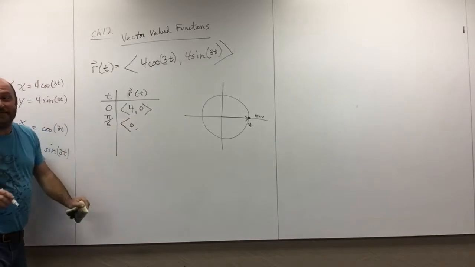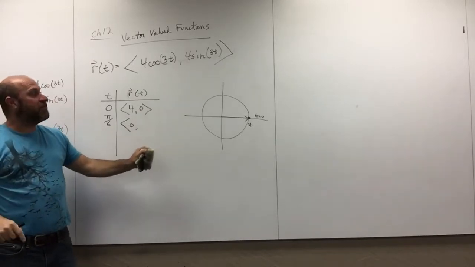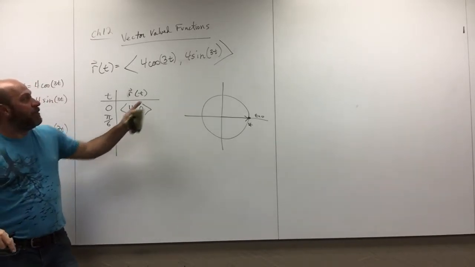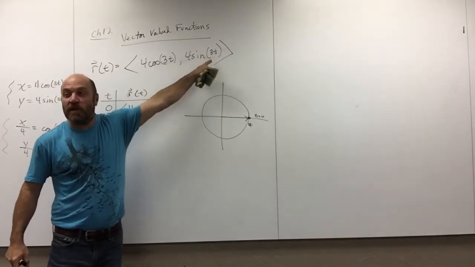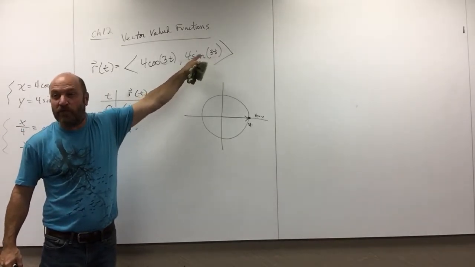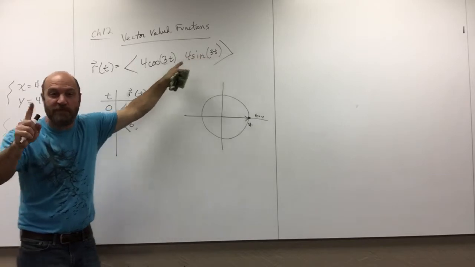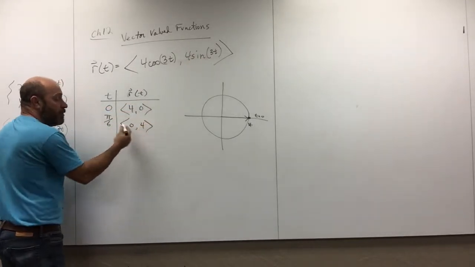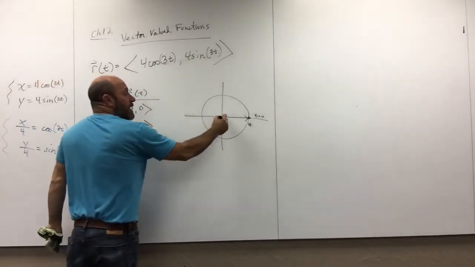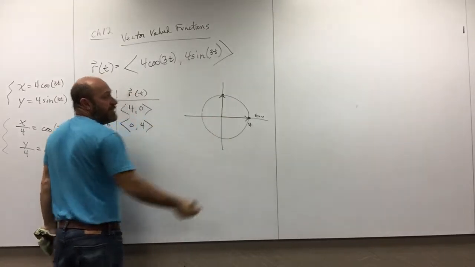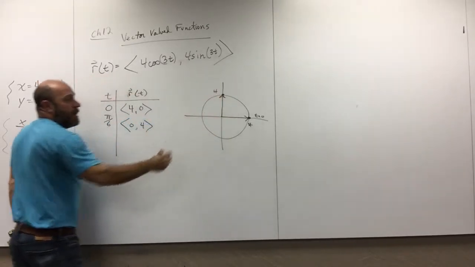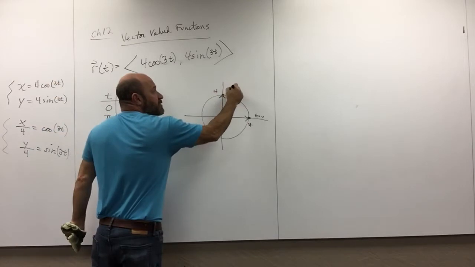Calculator could help, but sometimes you remember this stuff from 3rd grade. The sine of pi over 2 is 1, times 4. That's 4. So what's this position? Right here. So I'm right here at that 0, 4. And I'm there when t equals pi over 6.